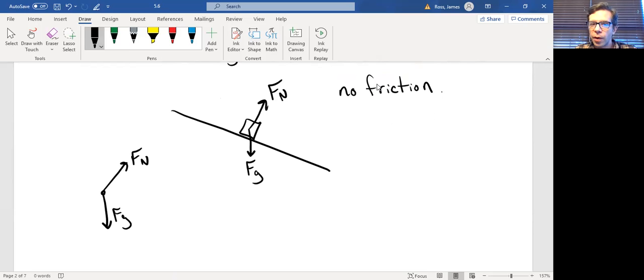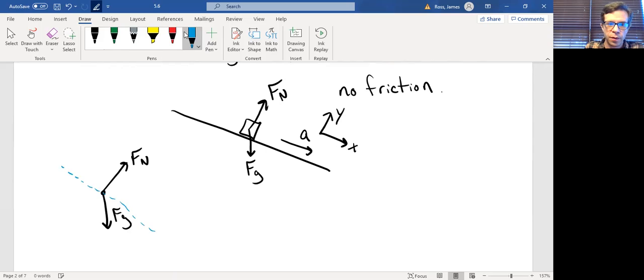If this does accelerate, as it looks like it would because there's no friction, it's going to accelerate down the ramp. Remember, my rule of thumb is one of your coordinate axes needs to be in the direction of the acceleration. I'm going to use my x direction down the ramp and my y direction perpendicular to the x direction. So sketch in my axes on my free body diagram.